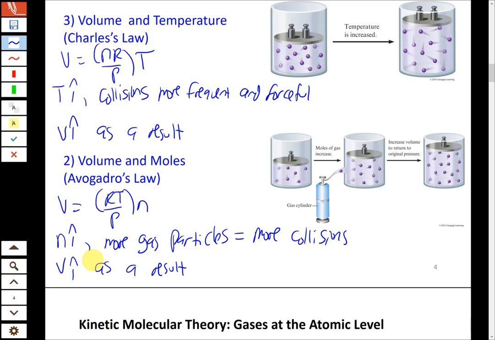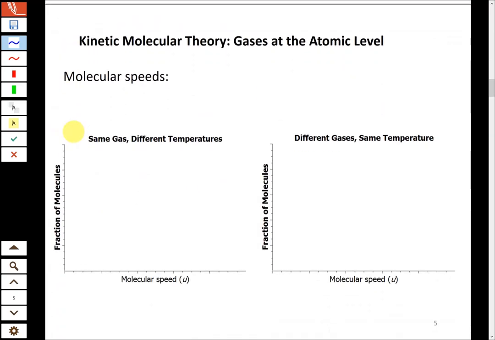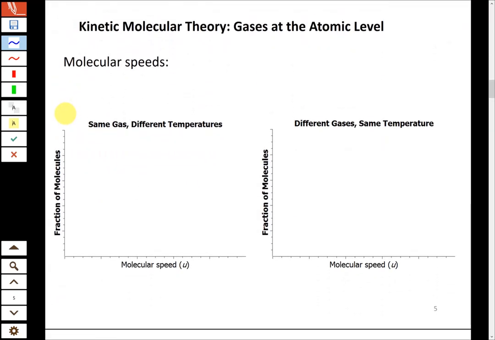All right, so what we're going to talk about now is how fast gas molecules are moving, at least in a relative sense. If we compare two different samples of gas, how fast on average are they moving? Now, the first thing to recognize is that when you have a sample of gas at a certain temperature, we said that there's a relationship between temperature and how fast they're moving. If you increase the temperature, on average they move faster, but not every single atom or molecule in that sample is going to be moving with the exact same speed.